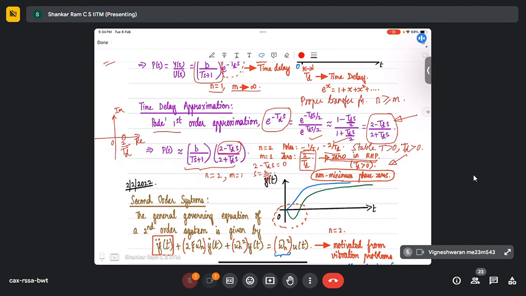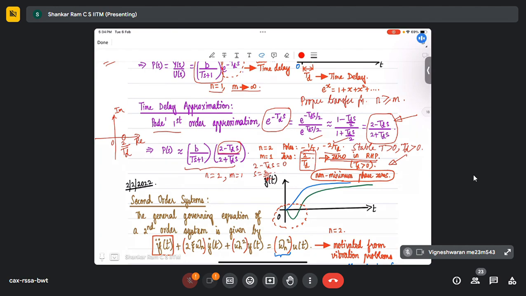So this is what is called as the non-minimum phase zero, and due to this, what will happen? What is the physics of this? Is it bad? No, I think it's just an approximation, right? It's not going to make the system unstable. A zero going to the right half plane doesn't mean the system is unstable. System is still stable.